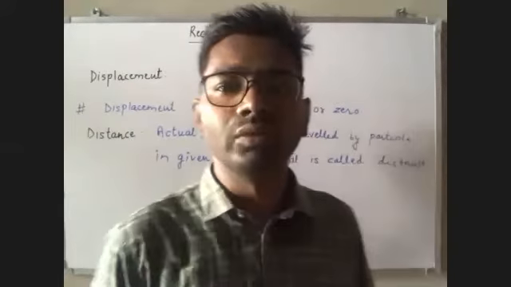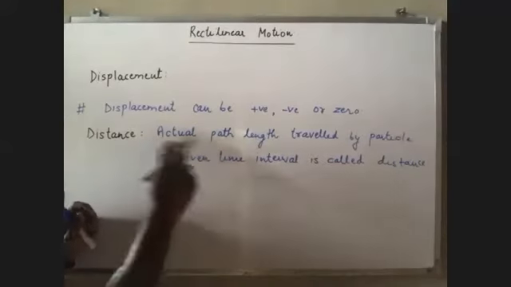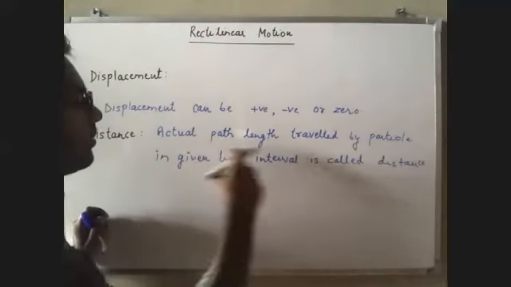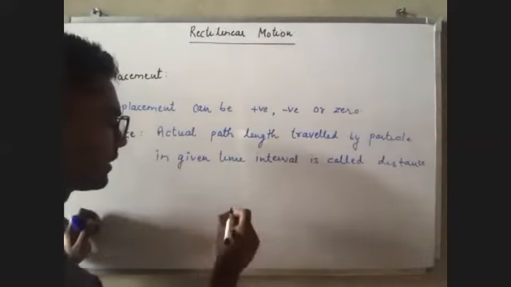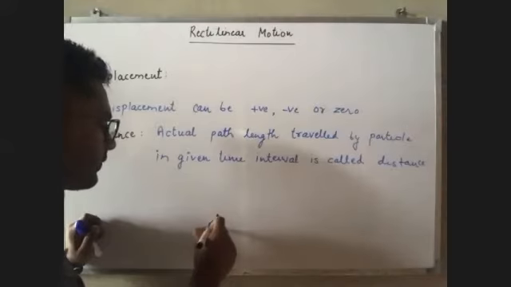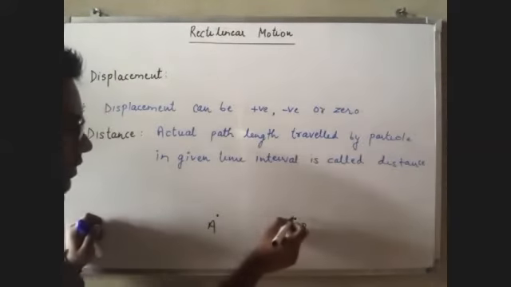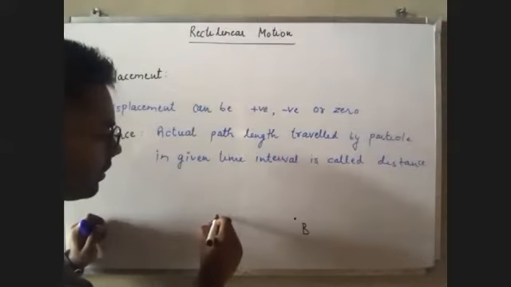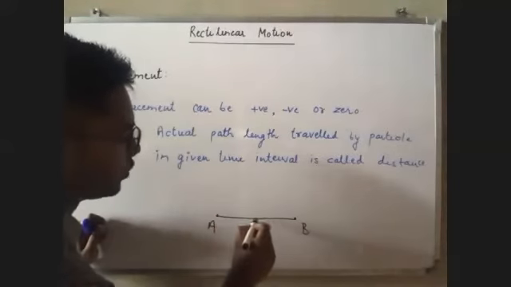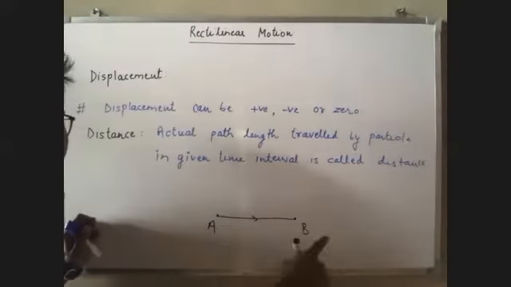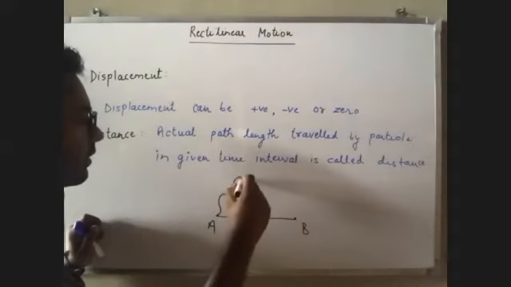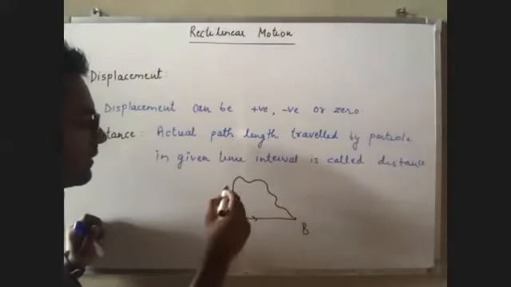The main thing we need to see, just look here. This is distance, the actual path length traveled by the particle in a given time interval. Now let's suppose this is point A and this is point B. A particle can go from A to B by a direct straight line, or if it wants, it can move like this.